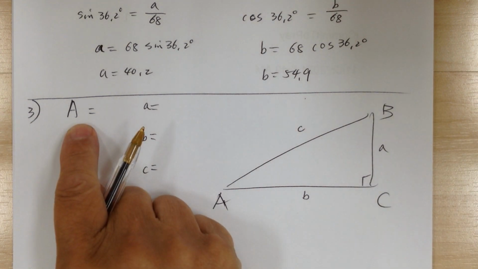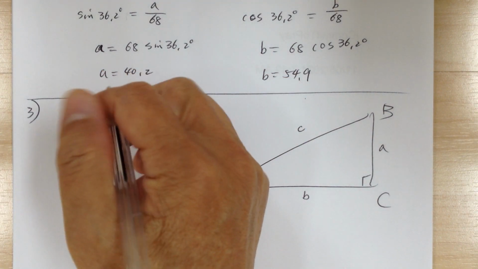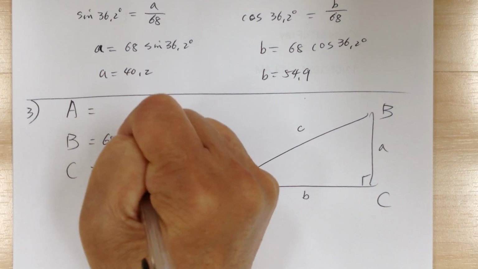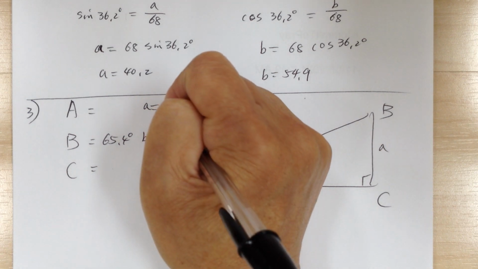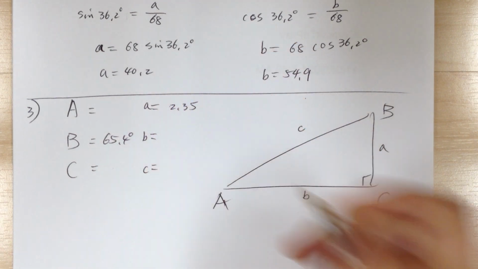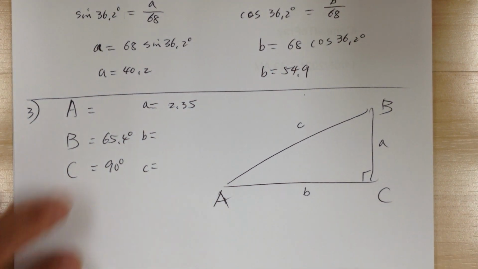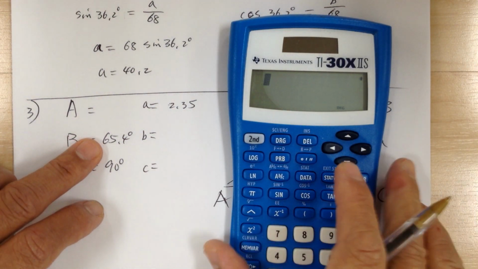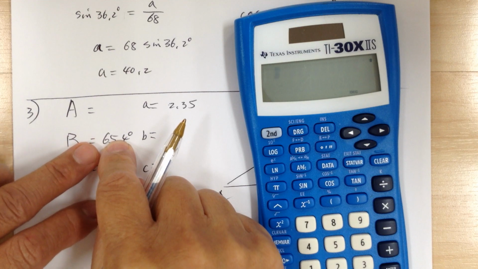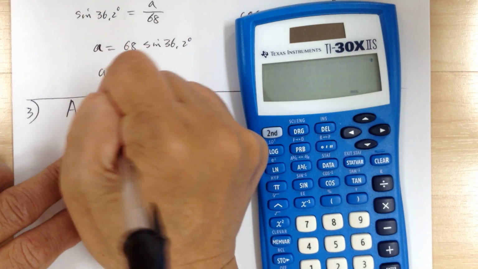And so the given angle B is 65.4 degrees. Small a is 2.35. Okay, so again, angle C is 90 degrees. So use 90 minus that. So 90 minus the 65.4 will give you 24.6.